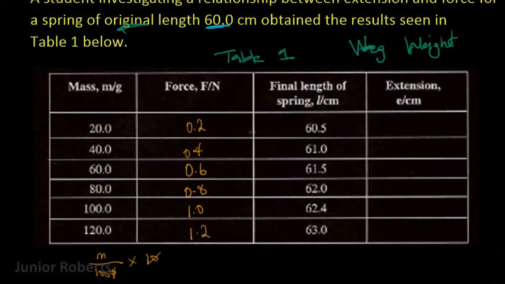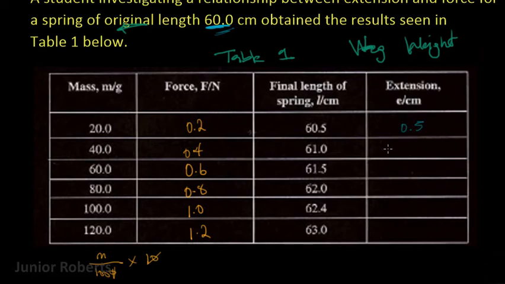Now in terms of the extension, to find the extension we will simply subtract the original length from the final length. If the final length here is 60.5 and our original length was 60 centimeters, it means that our extension is 0.5 centimeters.